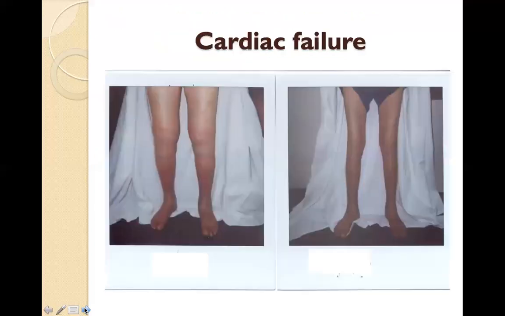Here's an example of cardiac failure, and just briefly I'll mention this individual. This individual came into our lymphedema clinic with quite swollen lower extremities. That picture on the left shows how he presented. He was a very slight, small man, so initially when you look at the pictures, it may not appear so much that his legs are swollen.